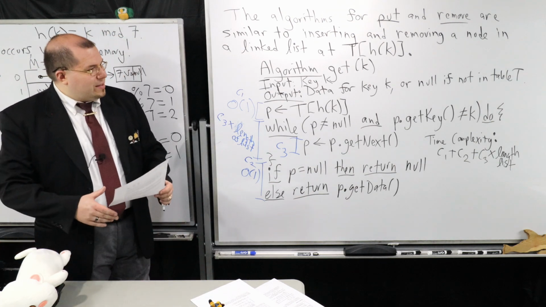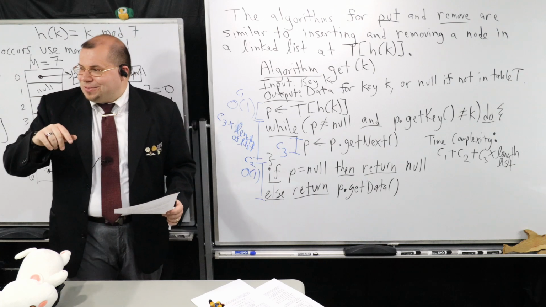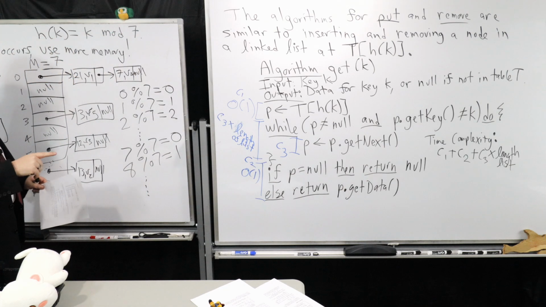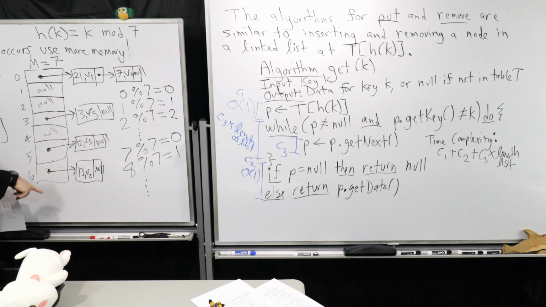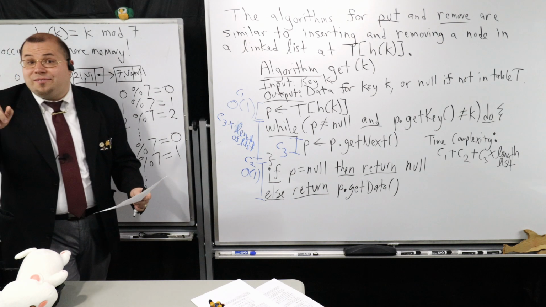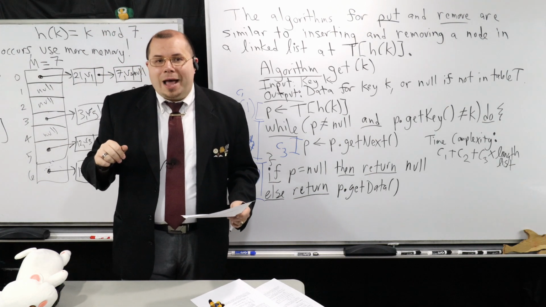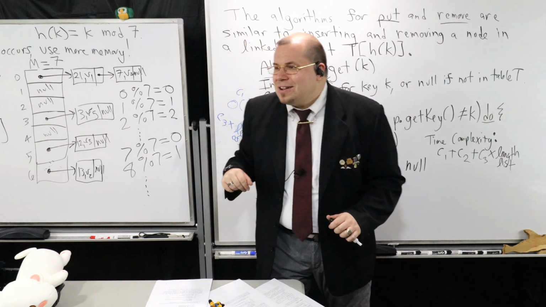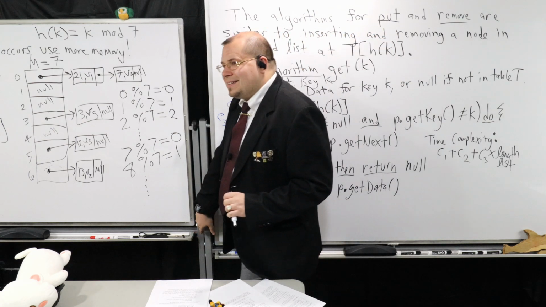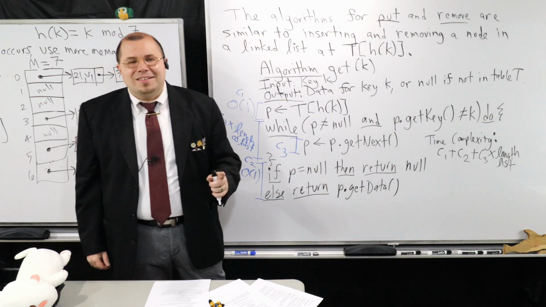So let me just give you an idea for those that are thinking about this. Suppose that I gave you a list of records, say for this example, suppose that all of them are multiples of 7. What would happen in that case?